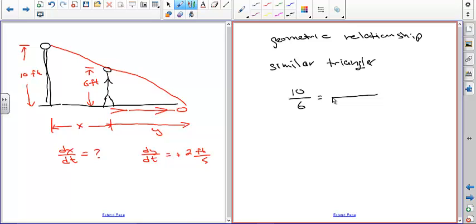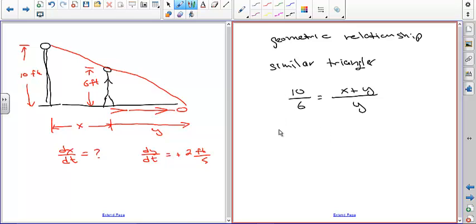X times y or x plus y? X plus. Right. Yep. So it's going to be (x plus y) over y, because the long side of this triangle, which has this as the height, is going to be the sum of the two, so it's x plus y, and then the length of this triangle, this side of the triangle relative to this height, is y.